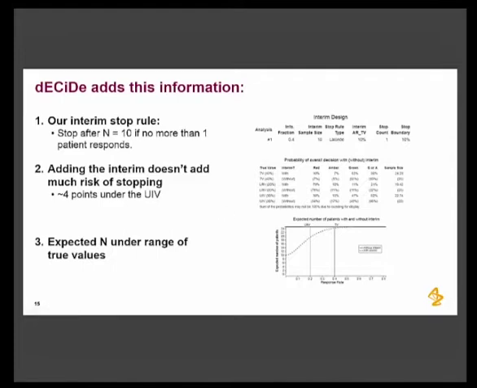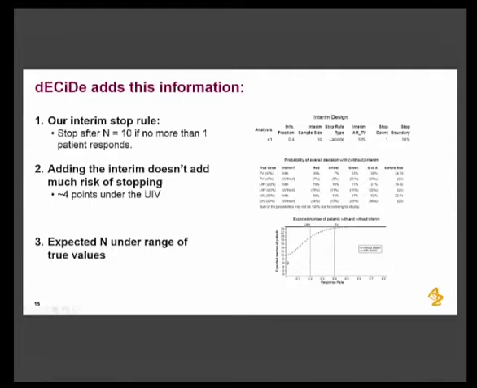The expected sample size under a range of true values is valuable because it basically illustrates how likely it is that we wind up actually making it past the interim if we don't have a compound that actually has decent performance.